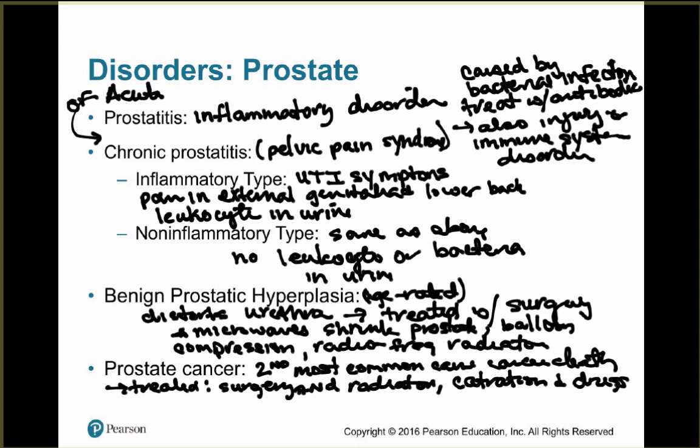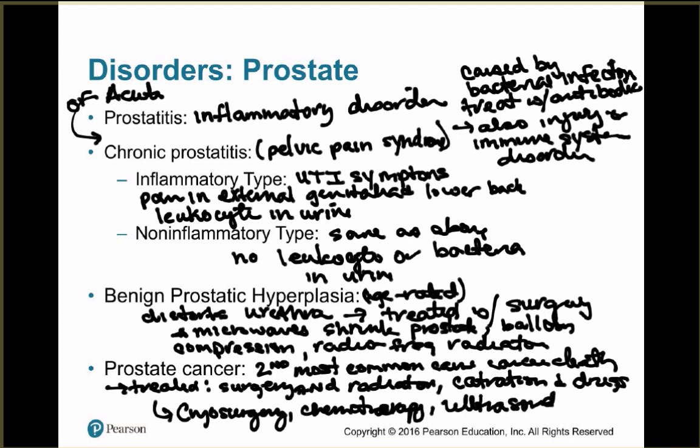They have done some clinical trials of other types of treatment, like cryosurgery, different types of chemotherapy, ultrasound, and proton beam therapy. And only time will tell if they become really good and a more common type of treatment for this.